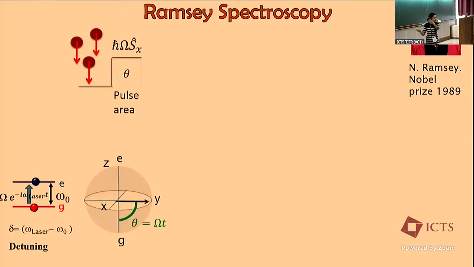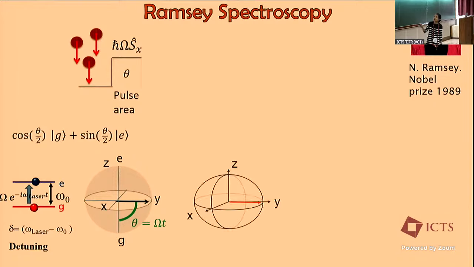The magnitude of the excitation is set by how long I illuminate my atom with the laser, and is determined by this tipping angle theta, that is the Rabi frequency times the time I illuminate it. The Rabi frequency is the strength of the laser. So basically, I create a superposition between the ground and excited state.